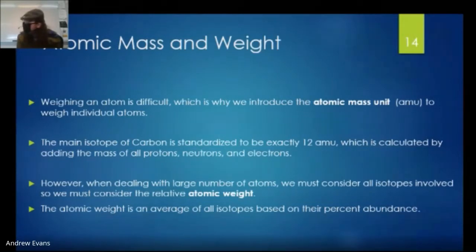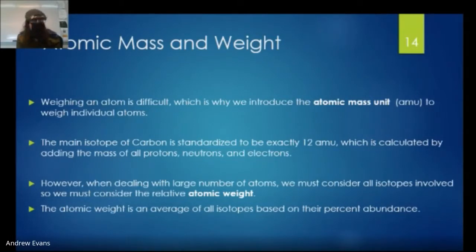The atomic mass of carbon is approximately 12, but we've defined the main isotope of carbon as 12 AMU exactly. We use that as our standard, which we weigh every other atom off of.